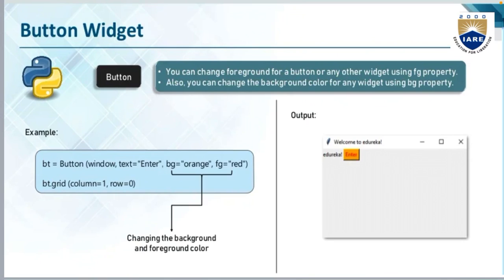We can change the color of the button and the font of the button according to our use. Here I am giving the background color of the button as orange and the foreground color of the button as red, and the position is the same as earlier.